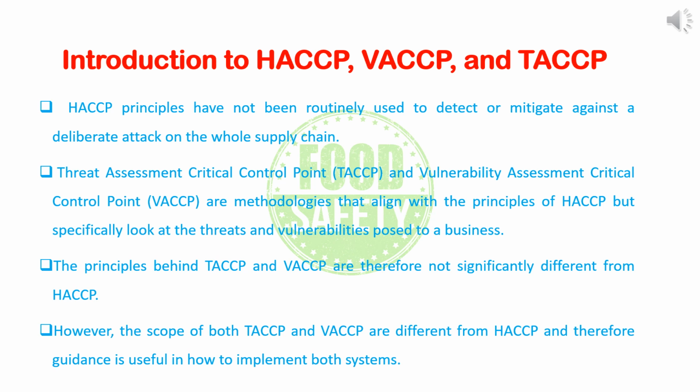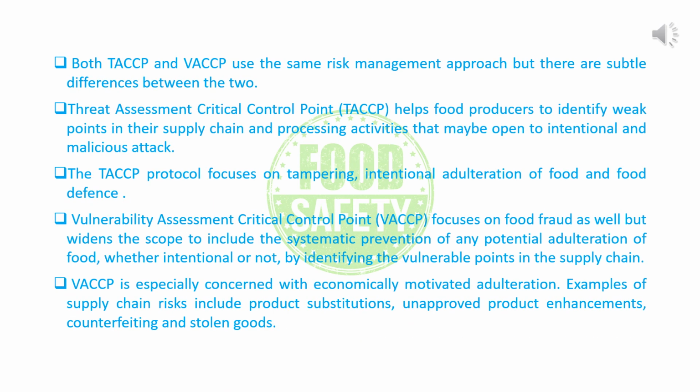However, the scope of both TACCP and VACCP is different from HACCP, and therefore guidance is useful in how to implement both systems. Both TACCP and VACCP use the same risk management approach, but there are subtle differences between the two.